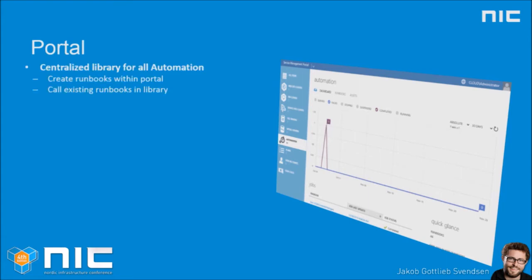So the portal, the good thing is that we have one centralized place to put our runbooks, to put all our PowerShell, is that we can actually either start from the website, we can start it from PowerShell, we can start it from command line via PowerShell, we can start it from our own website. Actually, if you have enterprise scheduling tools that support triggering actions on web services, then you can start it from there too.